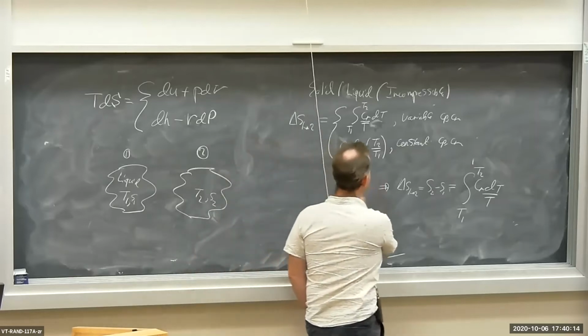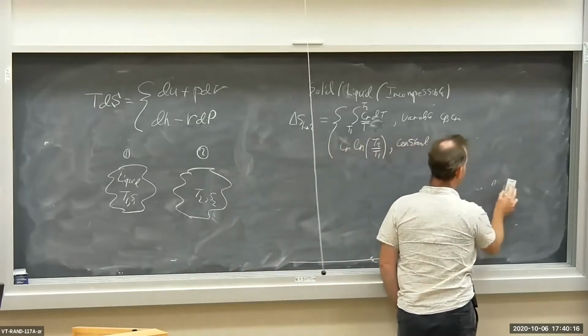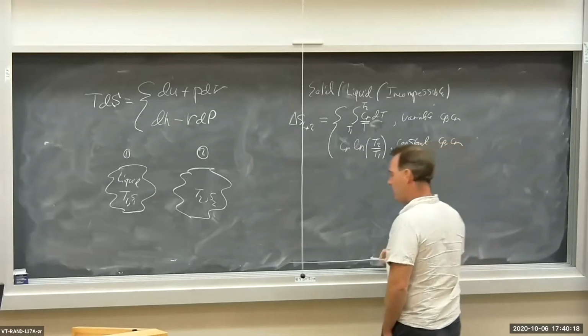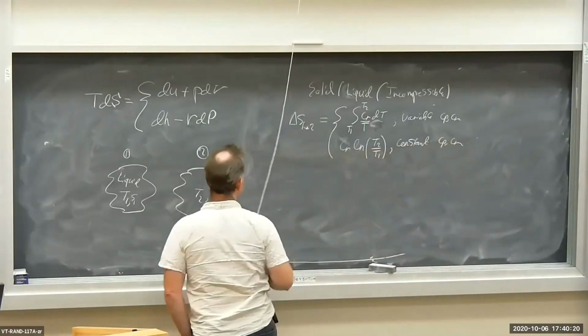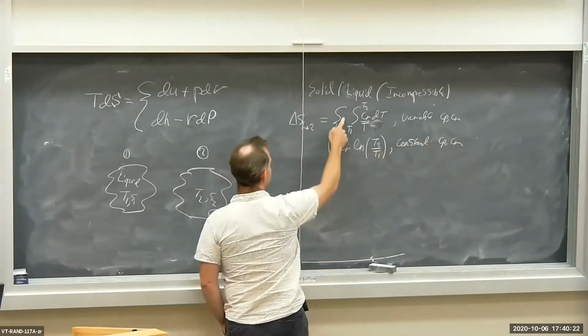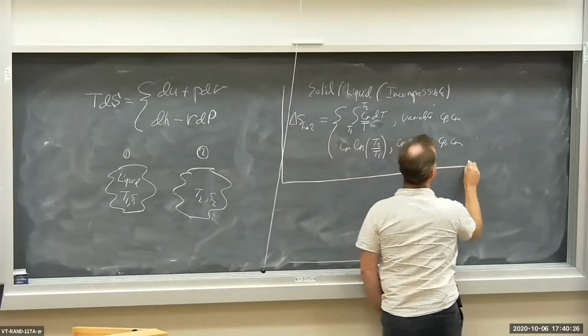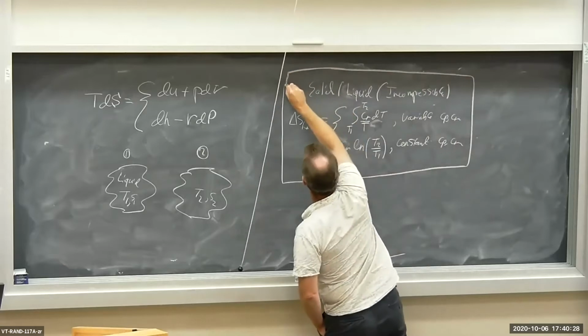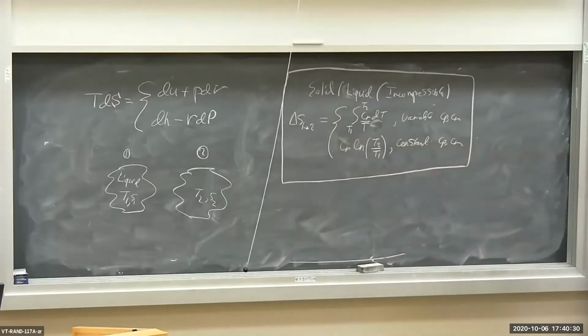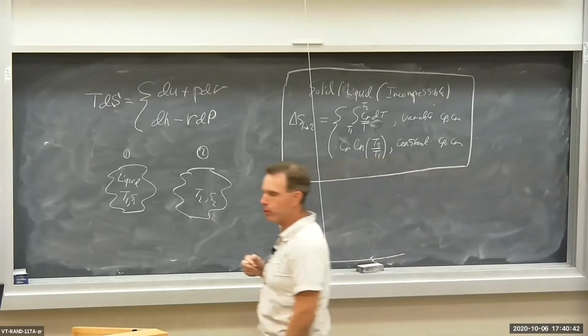So for liquids and solids, depending on whether you're using variable specific heat or constant specific heat, the change in entropy is given by either one of these expressions. I put a box around this. These are the expressions for calculating the change in specific entropy of a liquid or solid, okay? So that's for a liquid or solid.